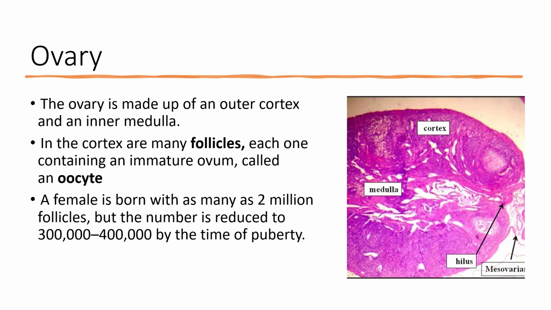Then the meiosis gets suspended in prophase 1, and that suspended stage is what the follicle is. It will continue to develop once puberty hits, but typically only one follicle will develop per cycle.